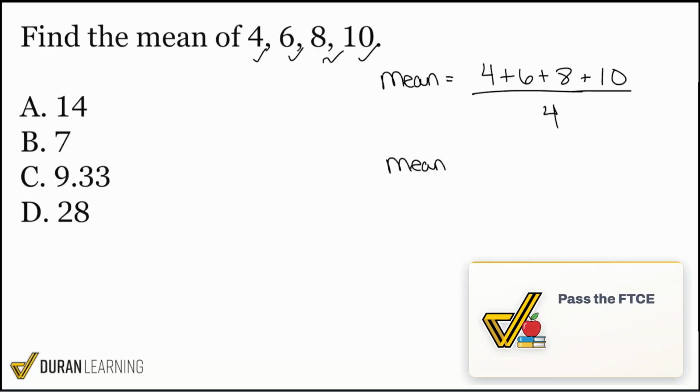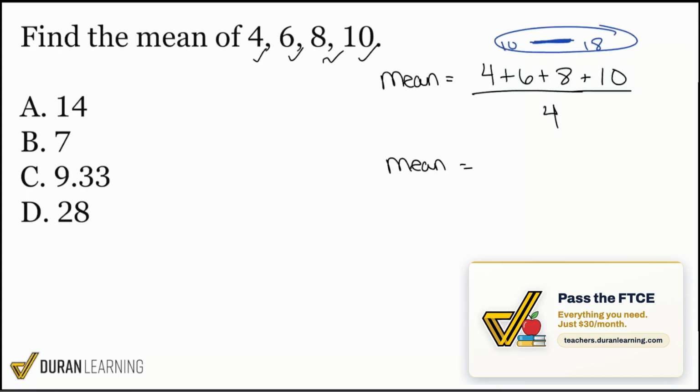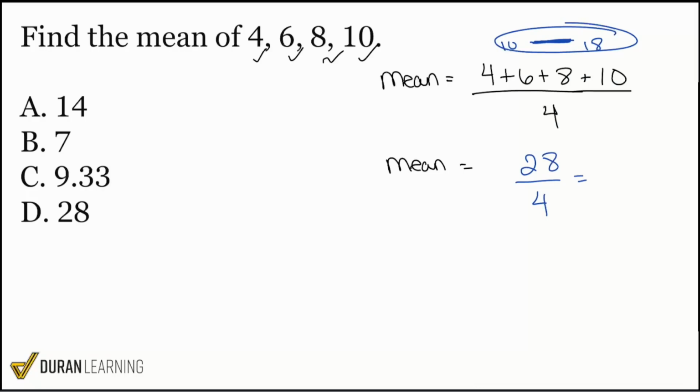So 4 plus 6, that's 10. 8 plus 10 is 18. So we'll add these together, and that's going to give us 28. So we have 28 divided by 4, and everybody, 28 divided by 4 is going to give us what? Yeah, that's going to give us 7. That's going to give us 7, and that'll conclude this question here.